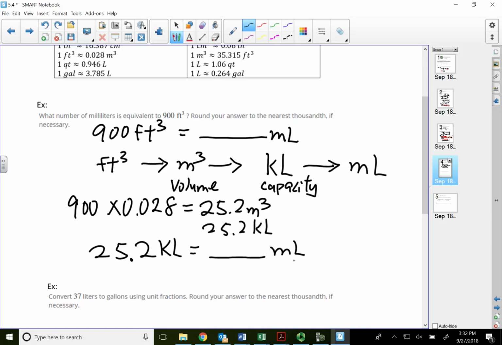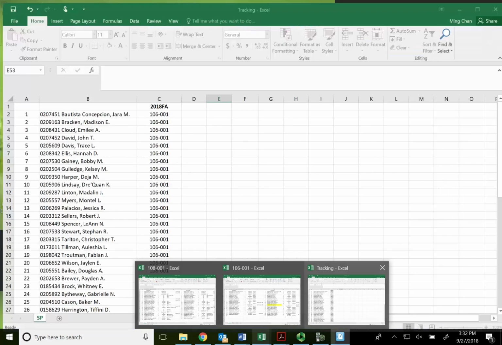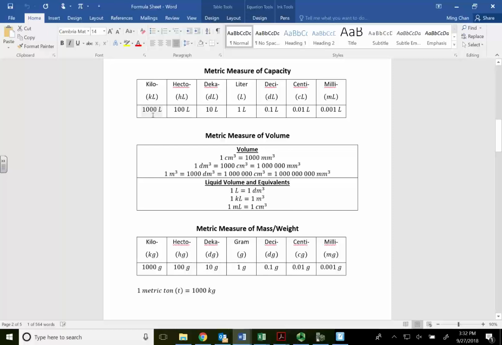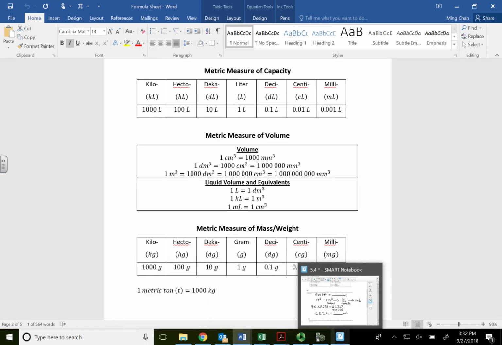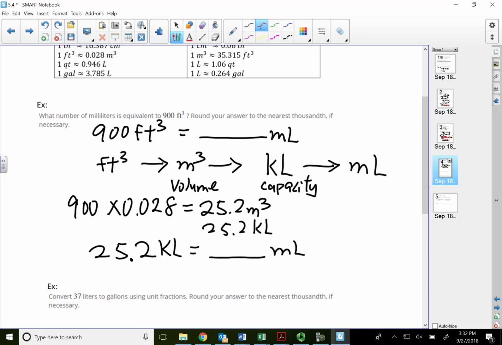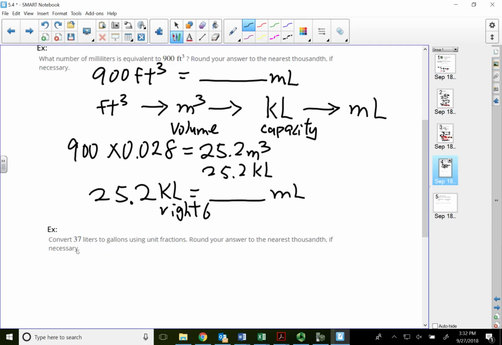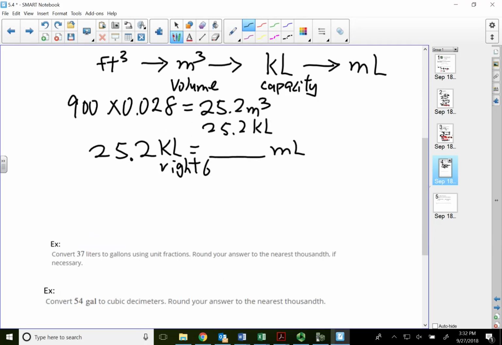So now, my next step is convert my 25.2 kiloliter into milliliter. So metric convert to metric. I'll use my chart. Kilo is all the way on the left, milli is all the way on the right. So that's moving my decimal 6 places to the right. That will be 25.2, right 6, 1, 2, 3, 4, 5, 6.